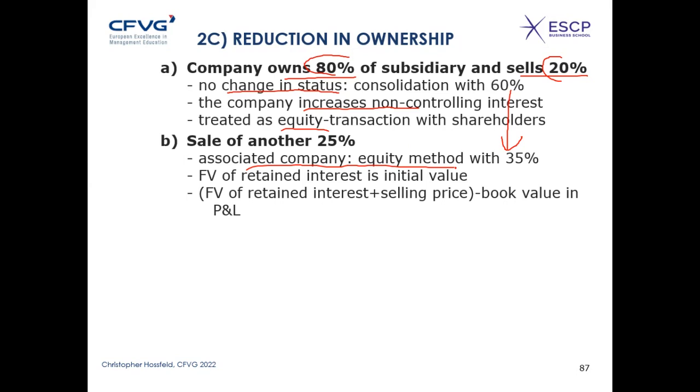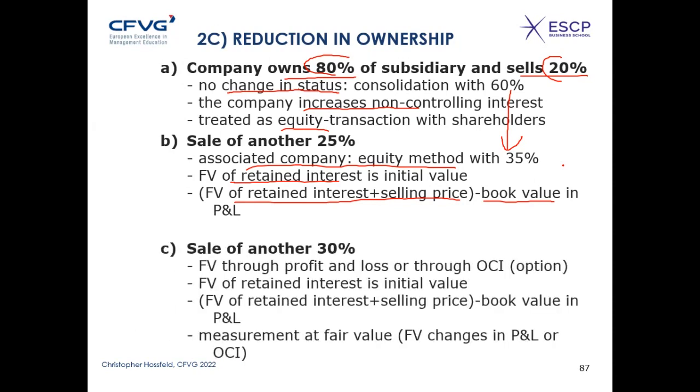So how do you determine this profit or loss? Well, the retained interest, that means the 35%, is at fair value today, and I take the fair value of today and the selling price minus the book value of what I had of the total investment. And any difference of that is my sales profit or selling gain or loss upon sale of the 25% stake.